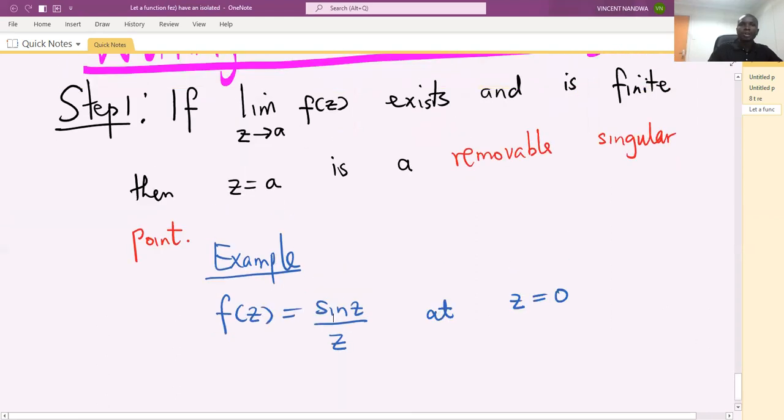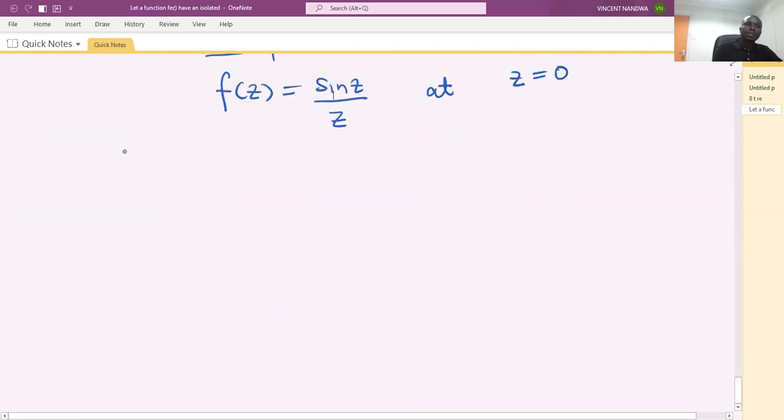You see, when you define the limit as z approaches 0 of this function f of z, we get limit as z approaches 0 of sine z over z.